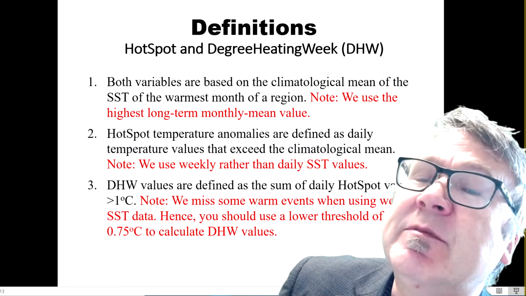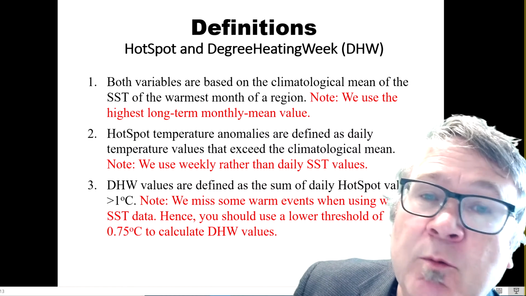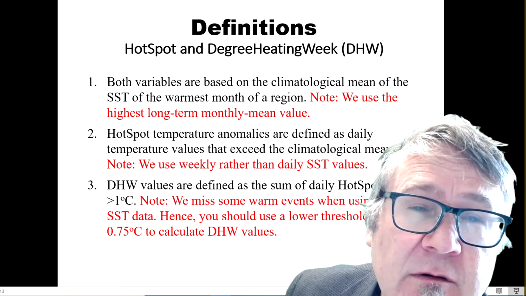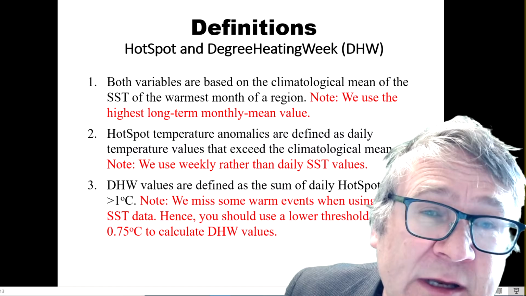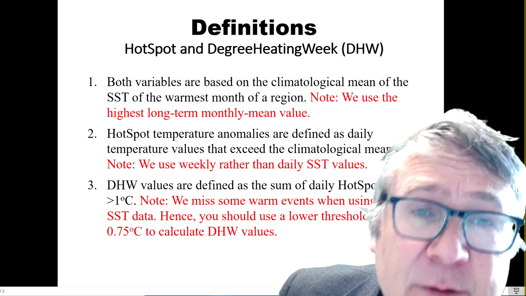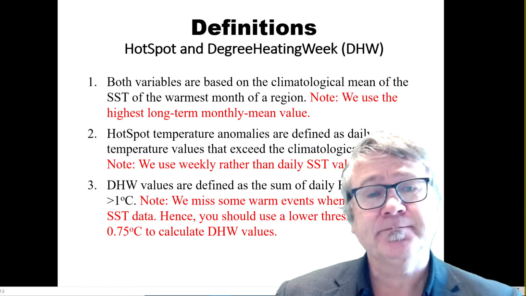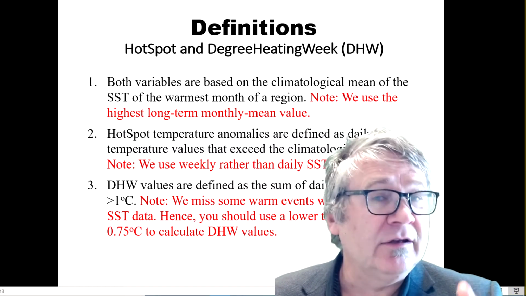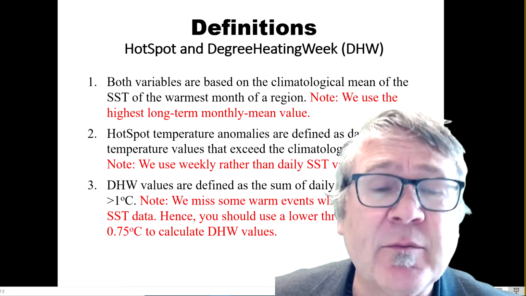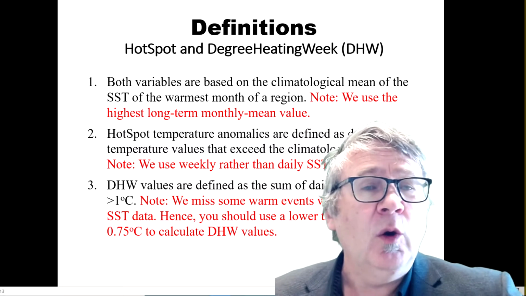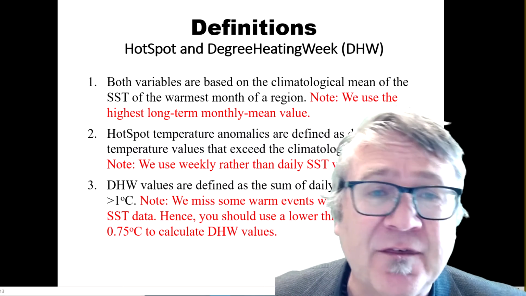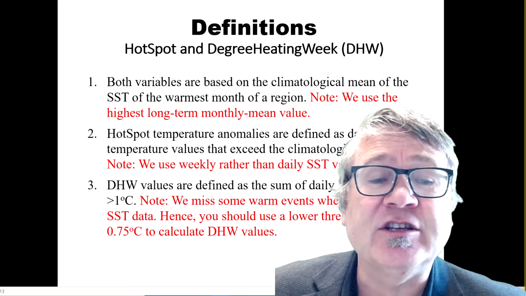So let's start with some definitions. We need a reference, a temperature reference. So we need to look at climatological data, look at the warmest month, and determine from all the years of observations that we have what is the average temperature of the warmest month in selected regions.